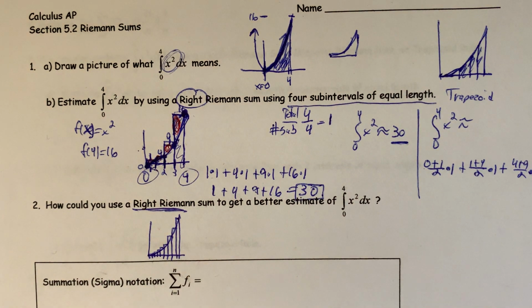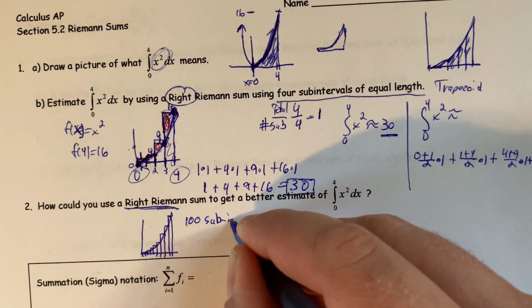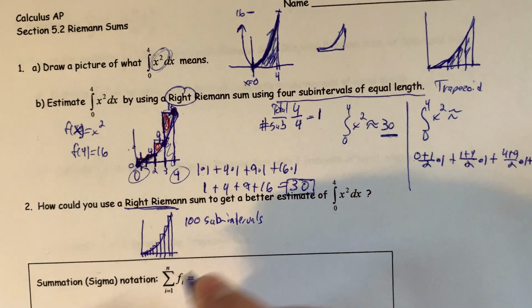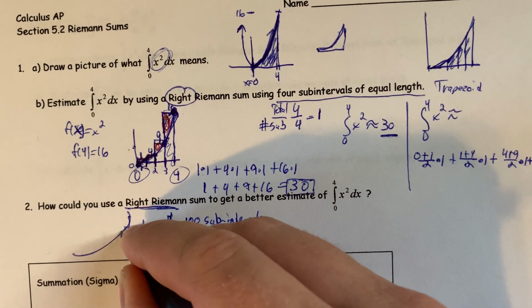For instance, I could do 100 subintervals. What if we do like 100 subintervals? Now you're getting really close to the right answer.